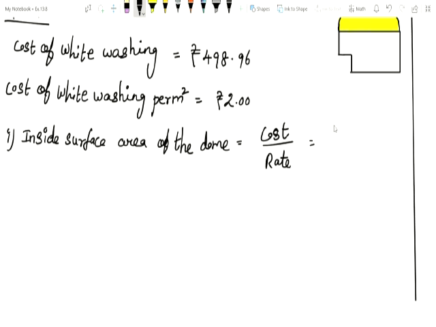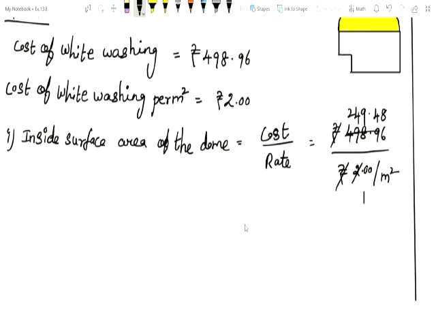So here cost equal to rupees 498.96 divided by rupees 2 per meter square. Now you divide this, rupees cancel. 2 ones are 2, 2 twos are 4, 4 twos are 8, 9 twos are 18, 4 twos are 8, 8 twos are 16.